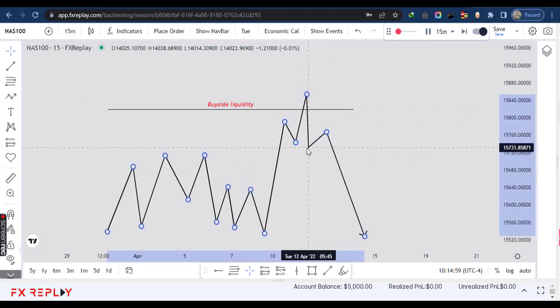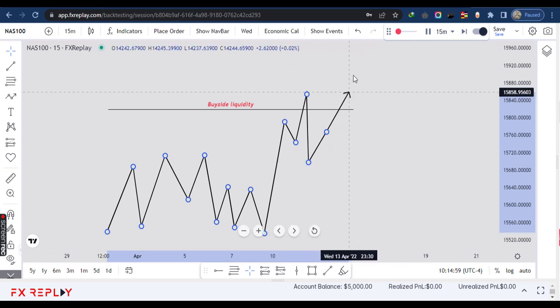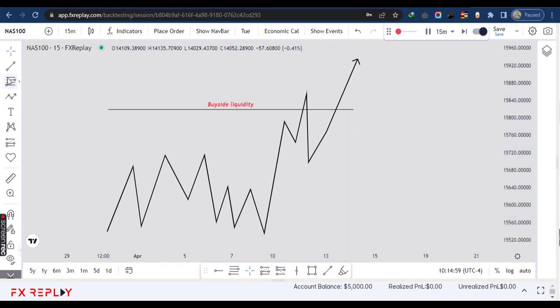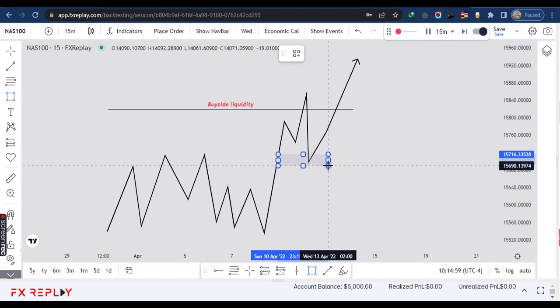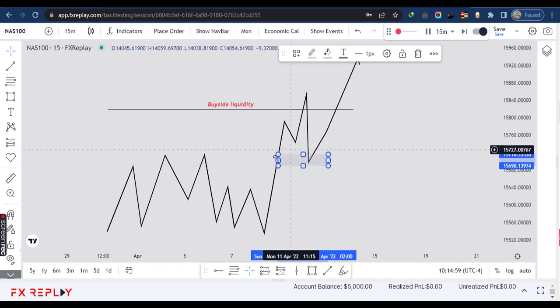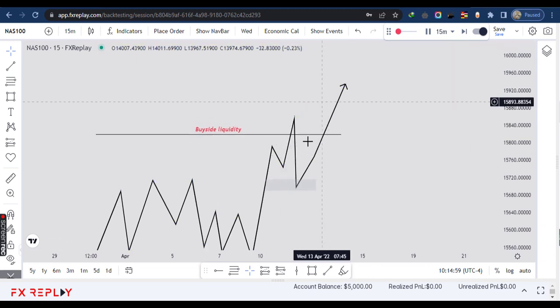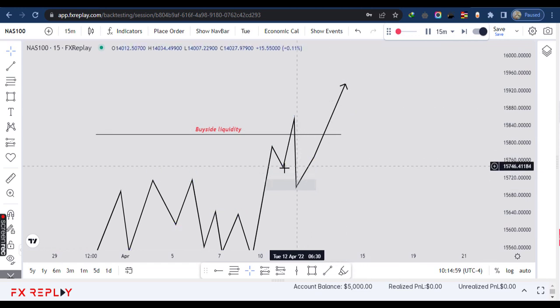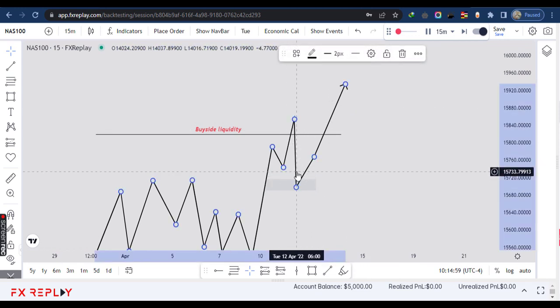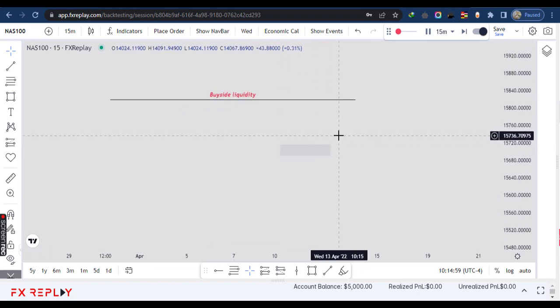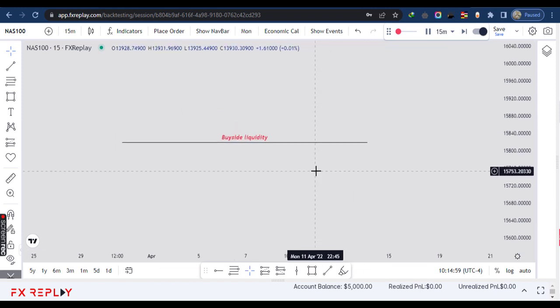Maybe it will generate a fake market structure shift here and then just rally higher. Maybe that fake market structure shift just filled or balanced a higher time frame fair value gap. So a lot of you guys are trapped on this fake market structure shift. I know it happened to you because it happened to me also.